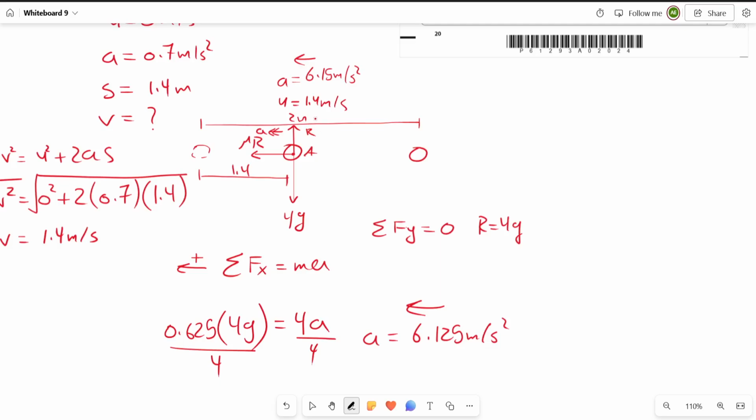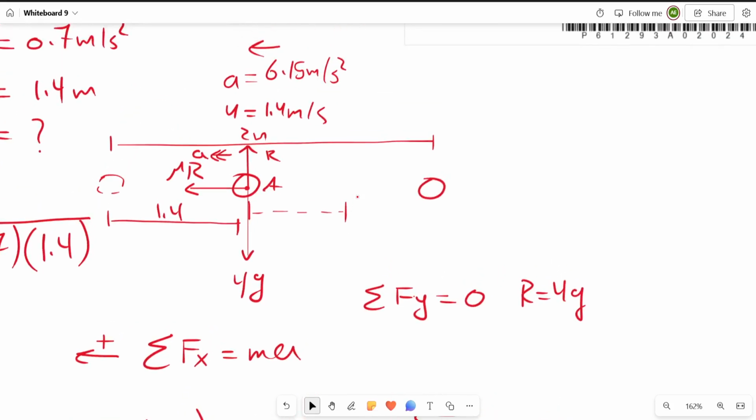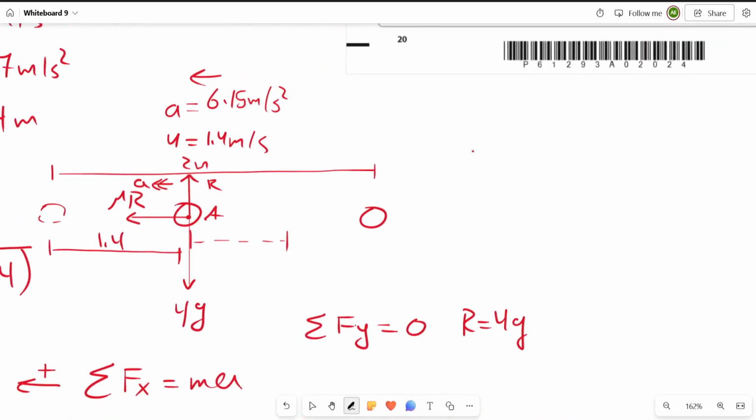Okay. Now I need to know how much distance A is going to move with that acceleration. How much distance is A going to move until it comes to a complete stop, at rest? So now, again, let's use SUVAT and type in everything that we have for A. Let's take right as positive over here. So A is going to be moving with an initial velocity of 1.4. We said that at this moment, A is actually moving with a velocity of 1.4 to the right, so it's positive 1.4 meters per second.